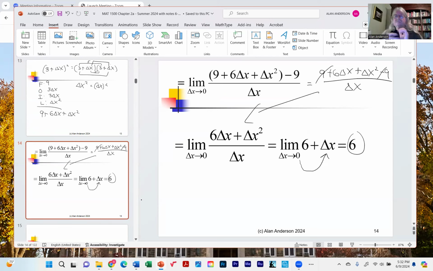6. So that 6 is the slope of the tangent line at x equals 3.